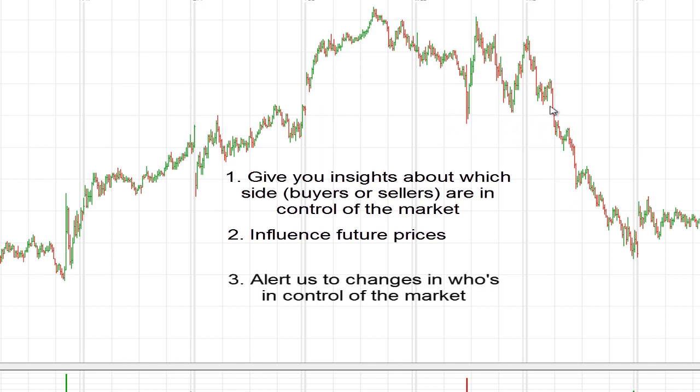They tell us that whatever condition was existing here, the fact that this area was seen as too low, and that's why these guys snapped it up here and again and again. Now, once it's broken, this view has changed. This area is no longer seen as too low, and the sellers have taken control, and we're below this line in the sand. And now we can reasonably expect that prices can accelerate the other way.